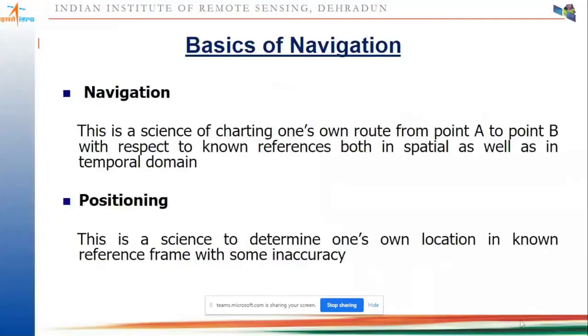Since we use it for navigation purposes, primarily positioning and navigation: navigation is the science of charting one's own route from point A to point B with respect to known references, both in the spatial as well as the temporal domain. Nowadays, you know the navigation concept very well.